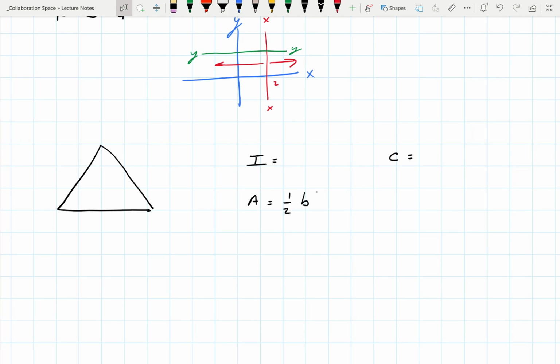So I'll give you the area. Yep, 1/2 base times height. I equals the total M times R squared. I is equal to summation of M times what? Times R squared.